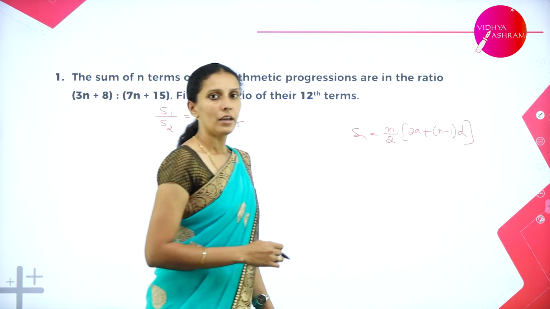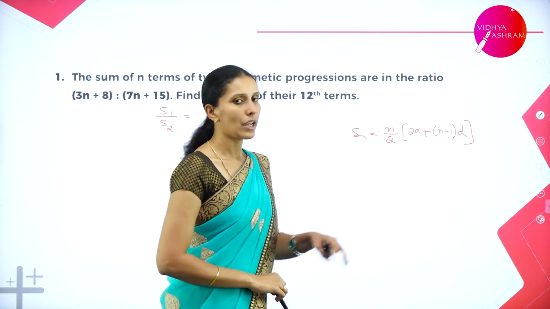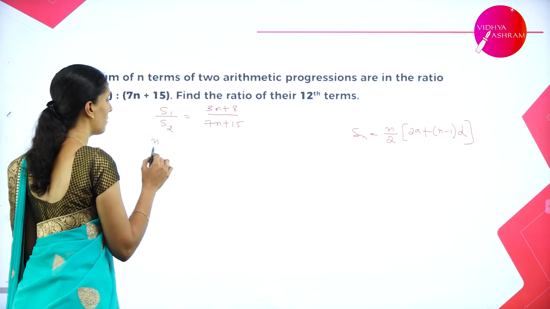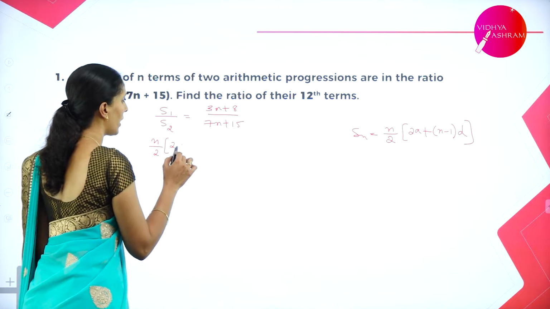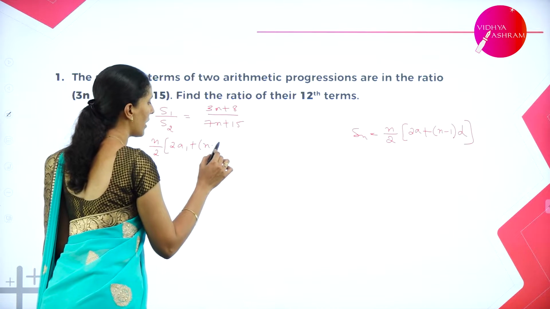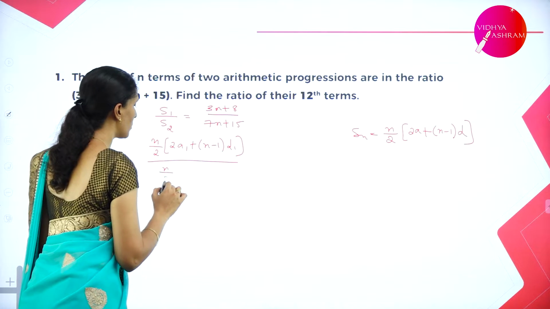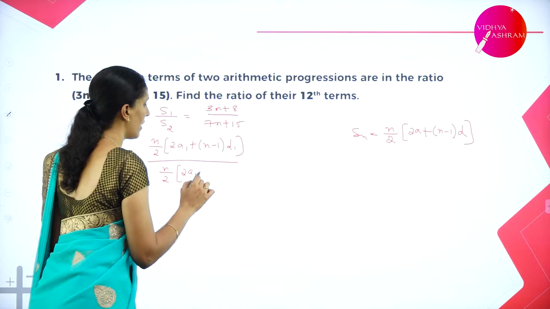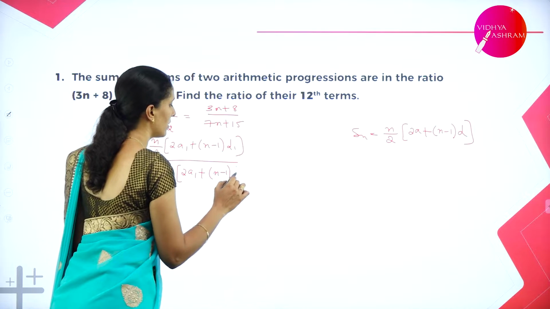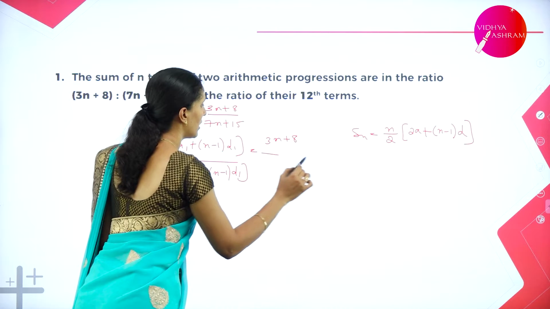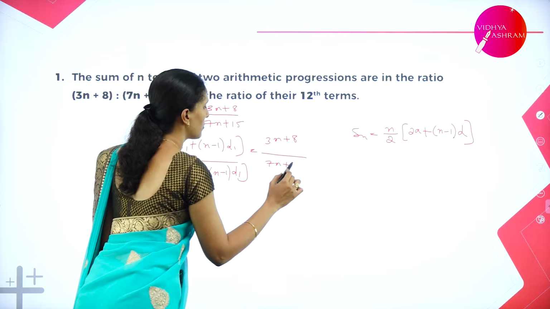So, here we can change the variable for a and d. I will write this as n by 2, 2a1 plus n minus 1 into d1, and similarly here n by 2, 2a2 plus n minus 1 into d2. This is equal to 3n plus 8 divided by 7n plus 15.